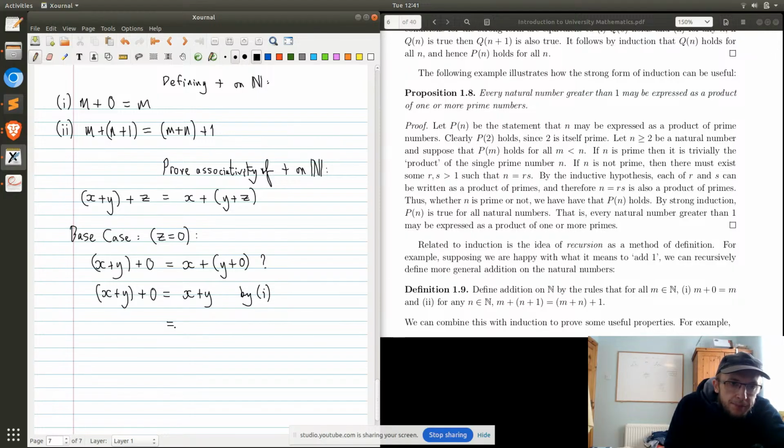And now, if I think about the natural number y, I can just do the definition backwards. So there you go.